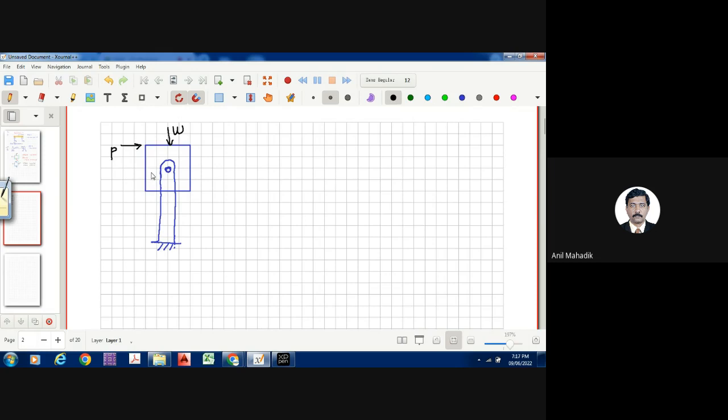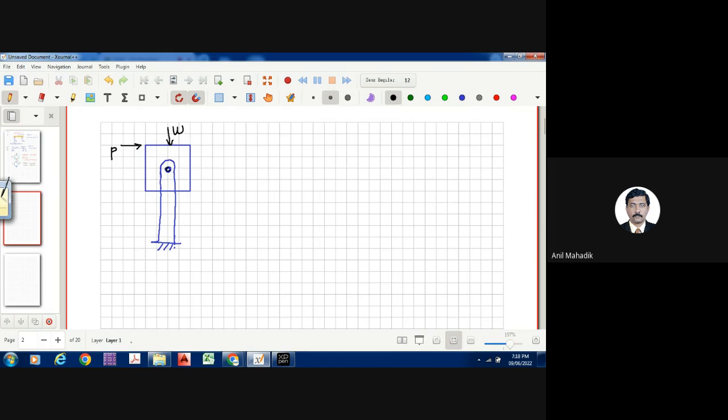Now tell me, is it equilibrium or not? Who is giving the support?